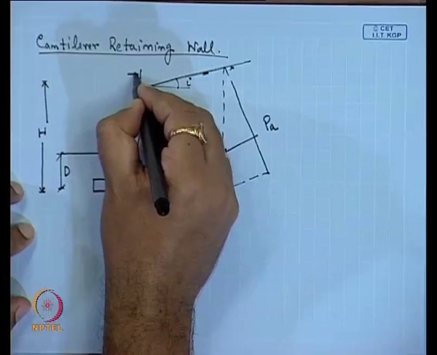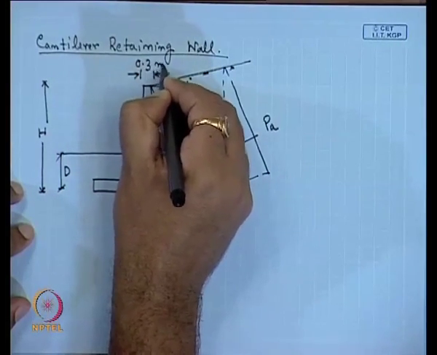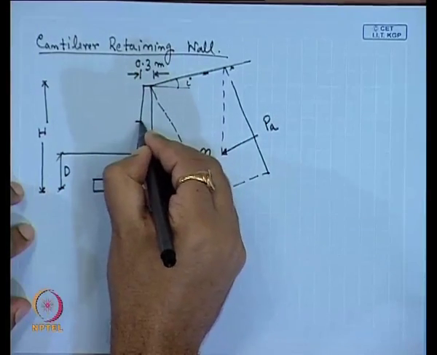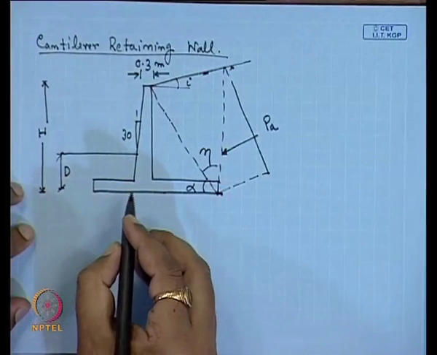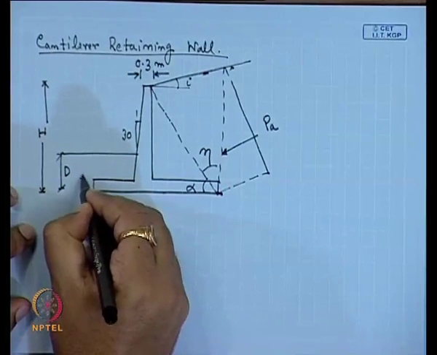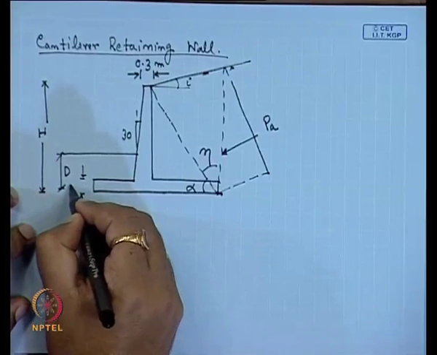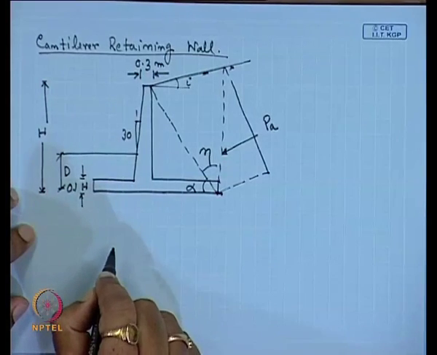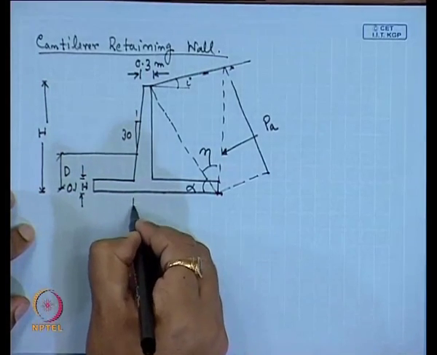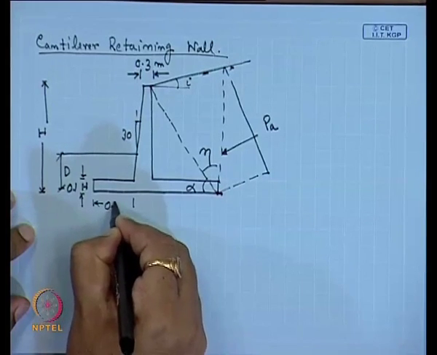Now, the recommendation is that this top portion is 0.3 meter. Now, this slope is again 1 by 30. This height, the thickness of this base, is 0.1 h. This distance is also 0.1 h.